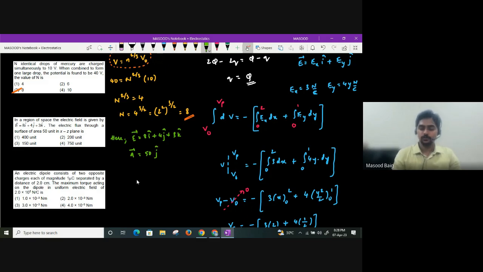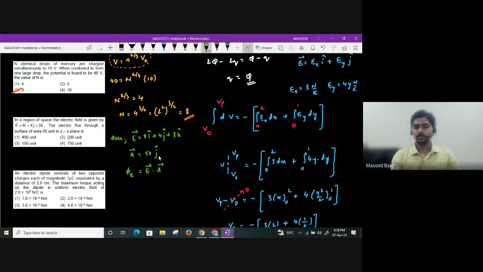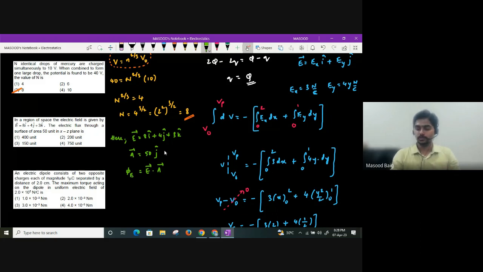So they are asking us to find the electric flux, guys. It is a constant electric field only. The electric flux will be given as the dot product of electric field vector and area vector. So you know i dot j is 0. Only j dot j will be 1. k dot j is also 0, guys. So you are going to get this as 4 into 50, which will be 200 units, guys.